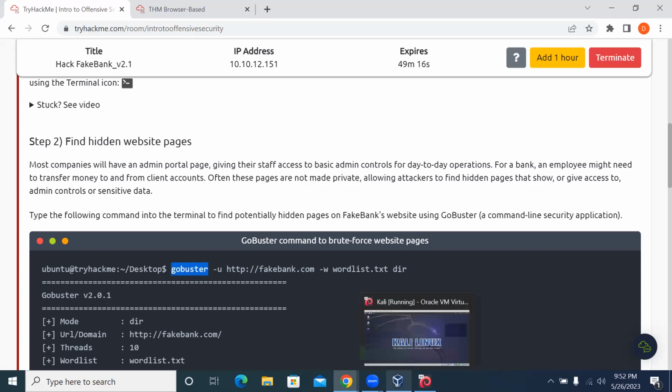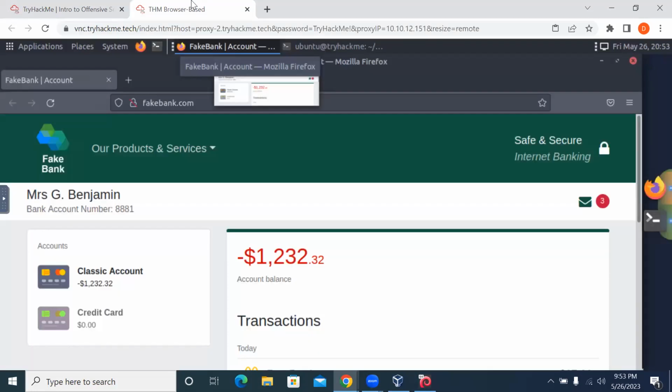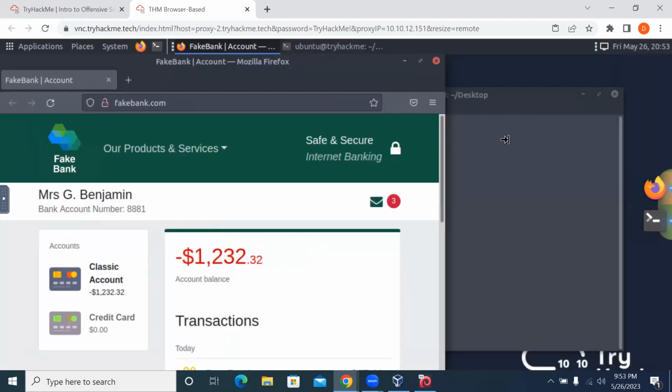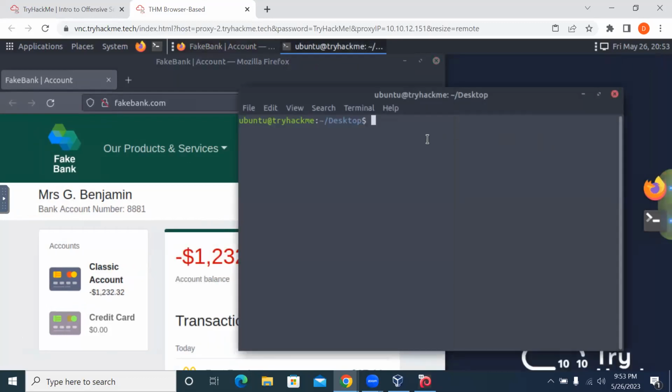You can man GoBuster on your device and then learn about it. But this machine is pre-configured for this particular task. So let's go ahead and man it and see if it will give us information about man gobuster.